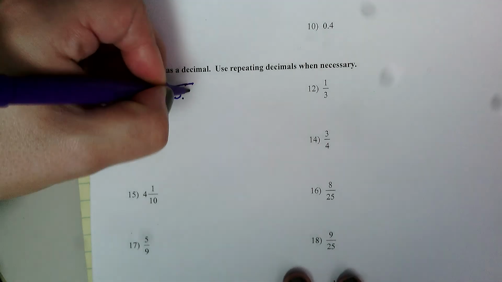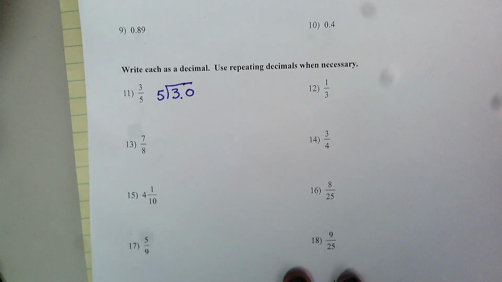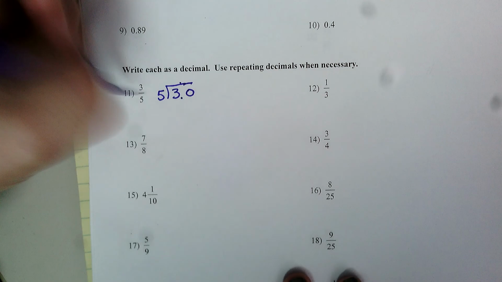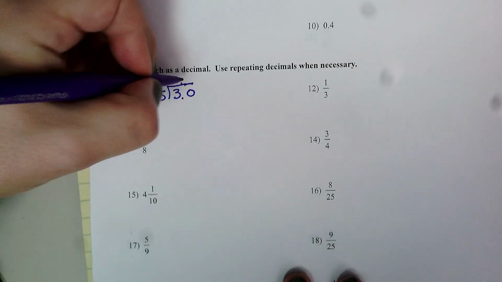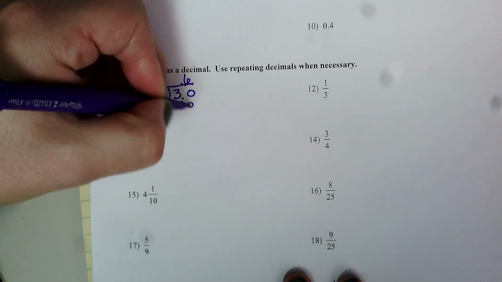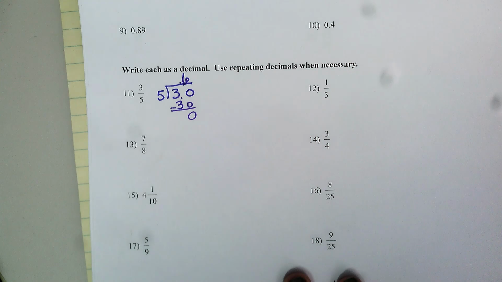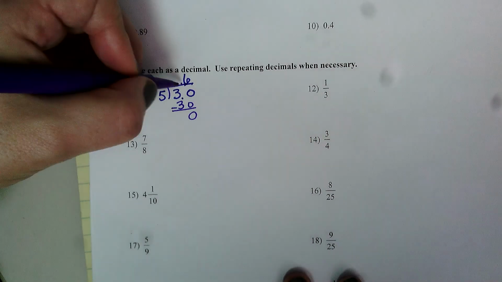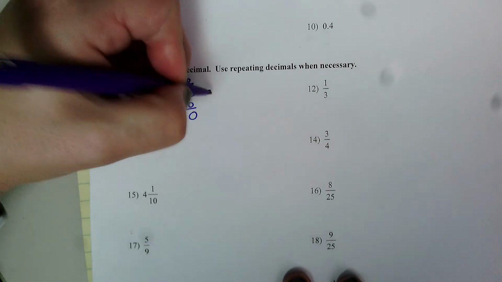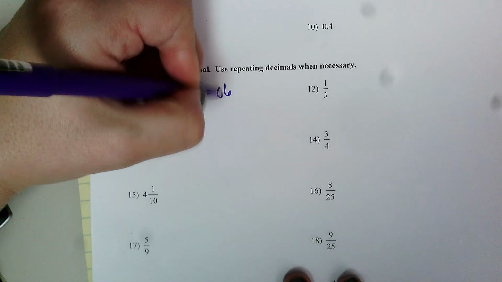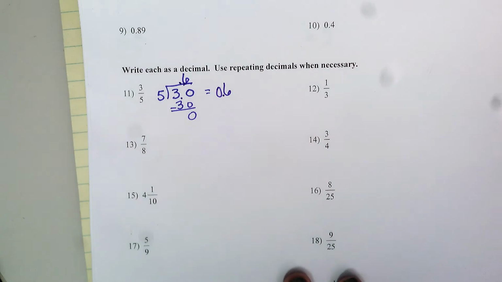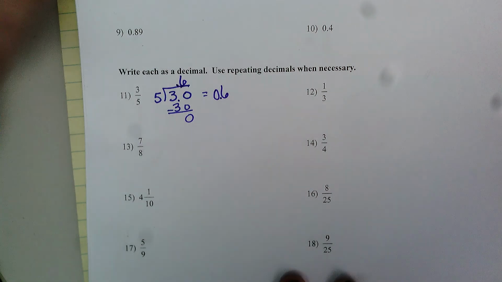You put a decimal, add a 0, and you can say how many times will 5 go into 30, which is 6 times. And that was an easy one because you have 0.6 or 6/10. Not all of these are as easy.